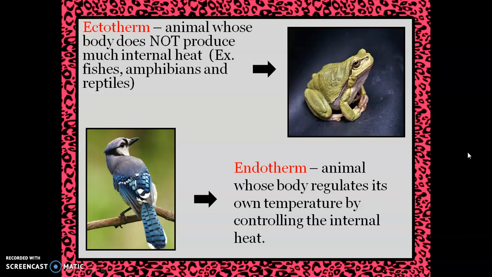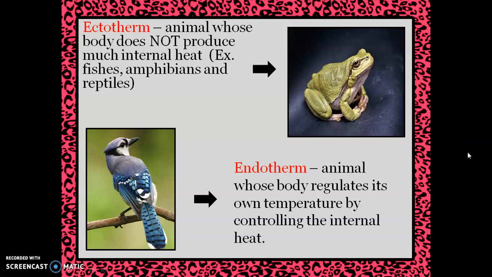Now, vertebrates also are classified as either ectothermic or endothermic. An ectotherm is an animal that cannot maintain its own internal heat. It has no way to do that. It must get heat from its environment, whether sunning itself like we see with reptiles. You'll see the iguanas that have taken over South Florida out sunning themselves. Snakes will do that. Other lizards will sit out in the heat and absorb sun.